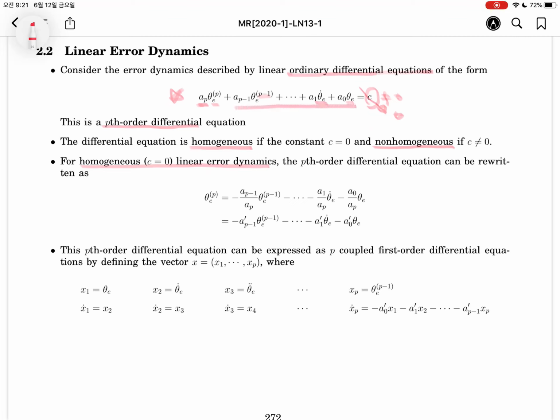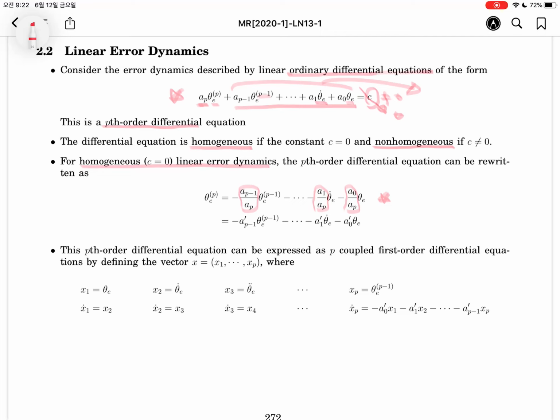The remaining terms can be moved to here, like this, and then we will divide both sides by a_p, the first coefficient.